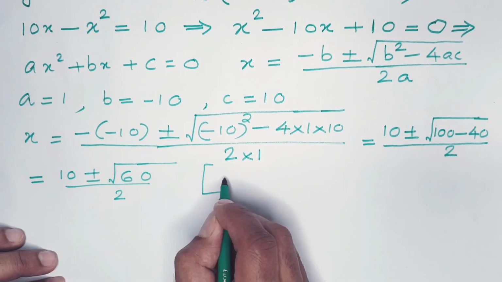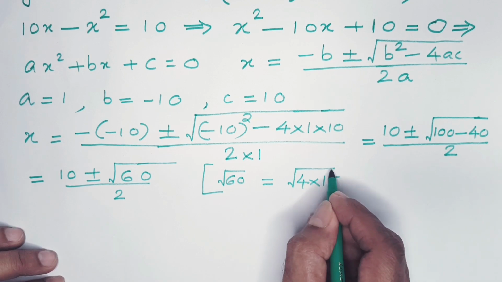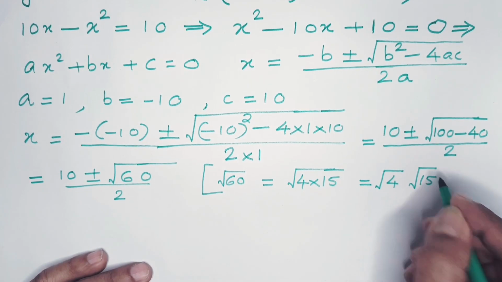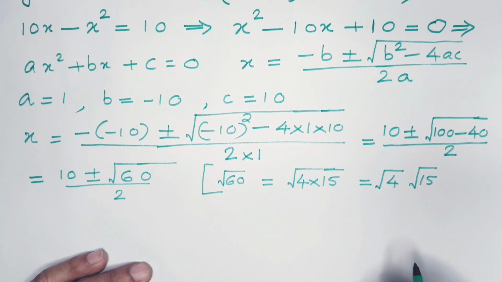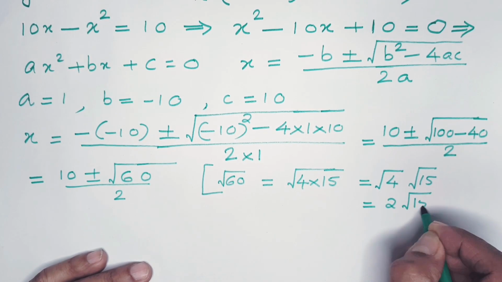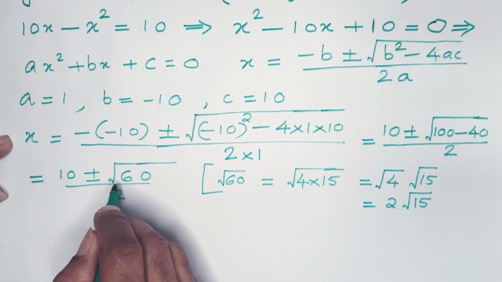Now let me simplify root 60 separately. Root 60 is root of 4 times 15, and this is square root of 4 times square root of 15. You can distribute the root sign. Now root 4 is 2 and this will be just root 15. So root 60 simplified to 2 root 15, and let me substitute that here.